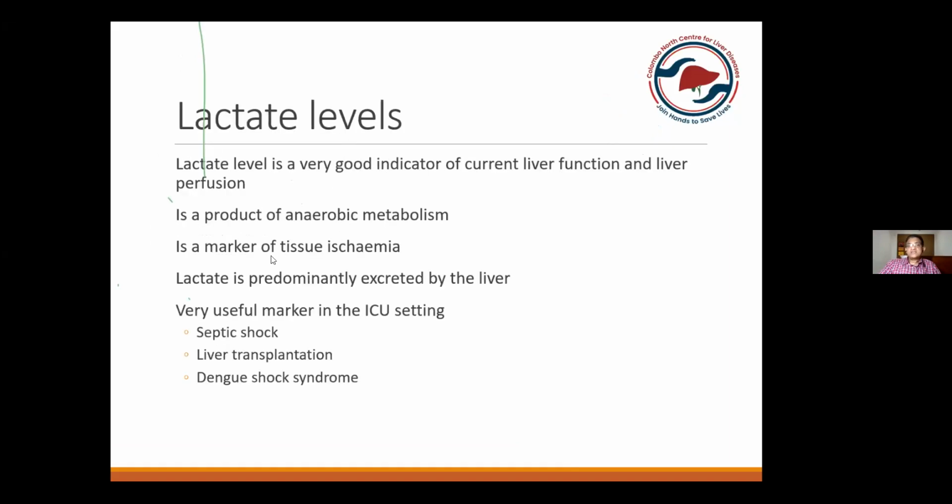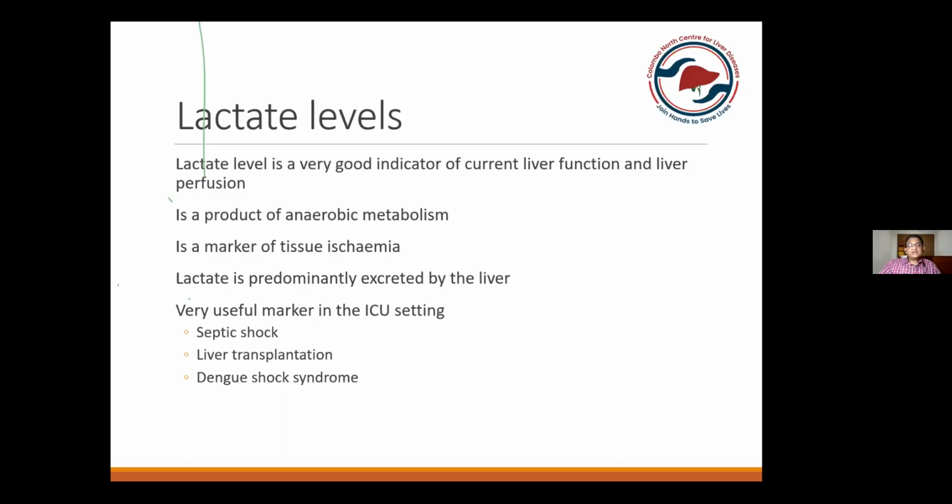And lactate levels, again, serum lactate is a good marker of current liver function and liver perfusion. Lactate, you all know, is a product of anaerobic metabolism, and it's a marker of tissue ischemia. It is raised in all forms of shock, whether it is septic shock or dengue shock or cardiac arrest, it goes up.